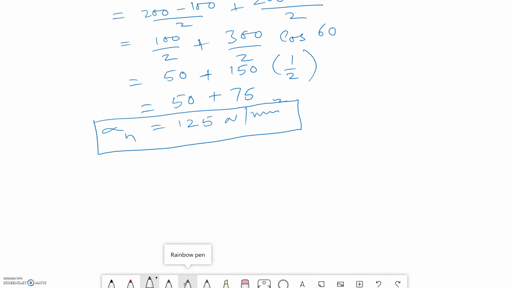All right, now we need to find out sigma t. The formula for sigma t, as we know, is (sigma 1 minus sigma 2) by 2 sine 2 theta.